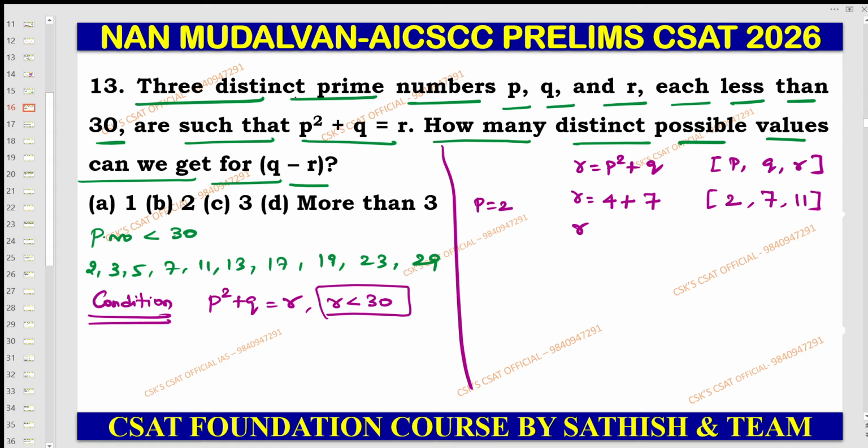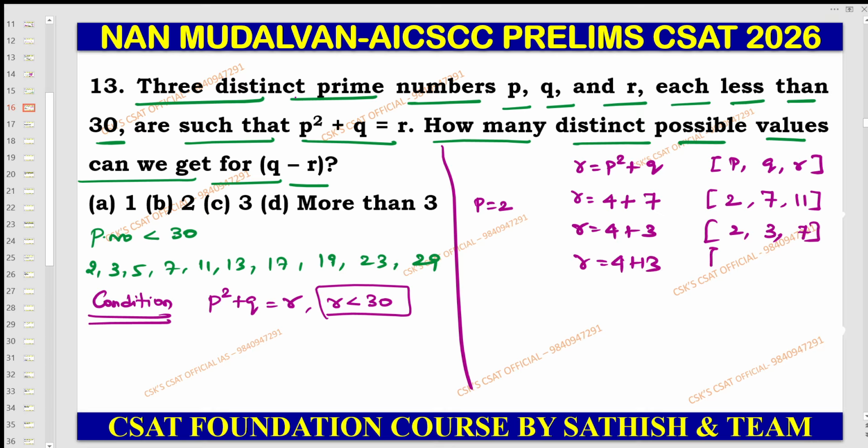Yes, you can take here 4 plus 3. Can we take 3? Because 3 is also a prime. So therefore the resultant is also a prime.